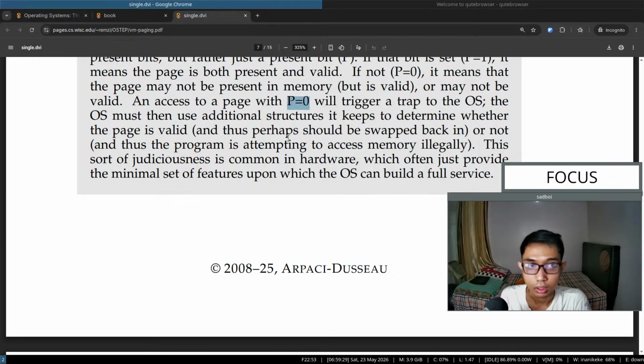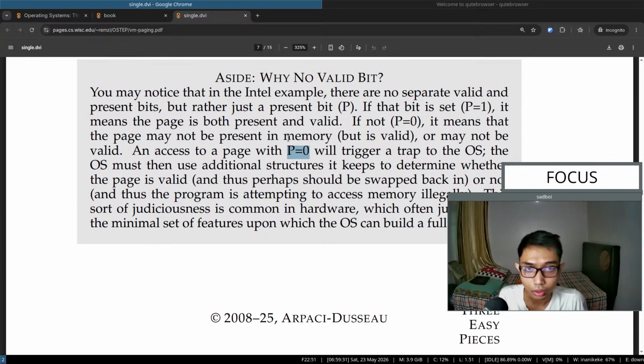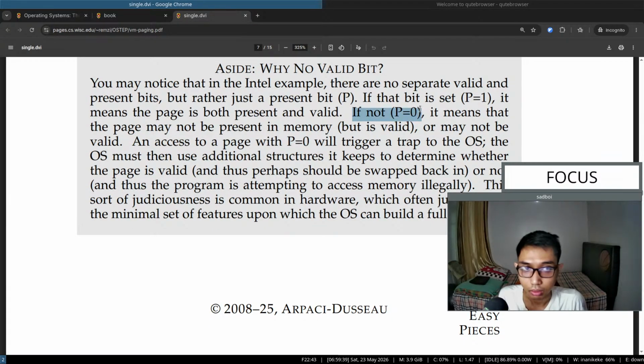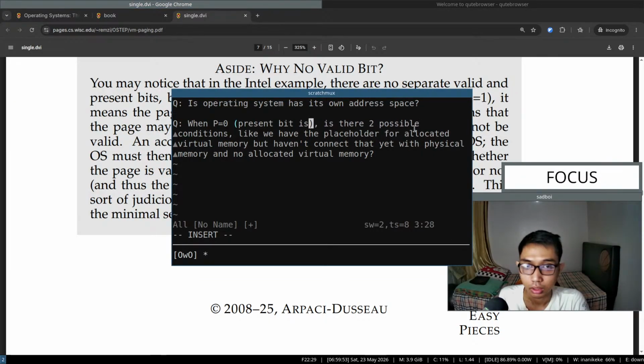Present bit. Okay, if not P equals 0, it means that the page may not be present in memory but is valid, or may not be valid. Is false. Okay. Maybe rather than a question, let's make this a statement, I guess.